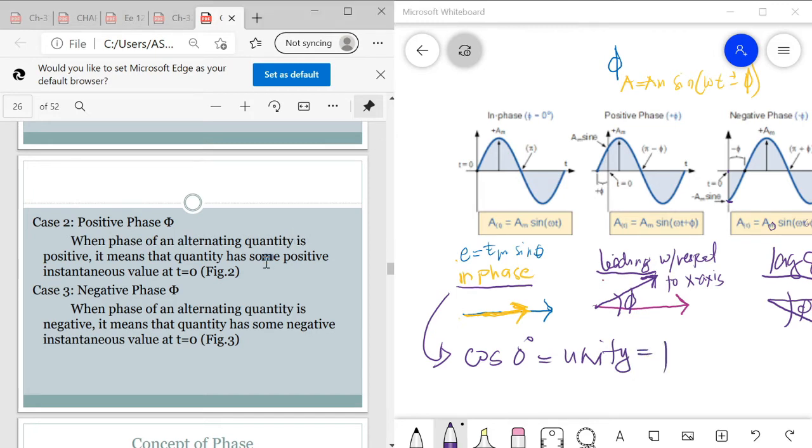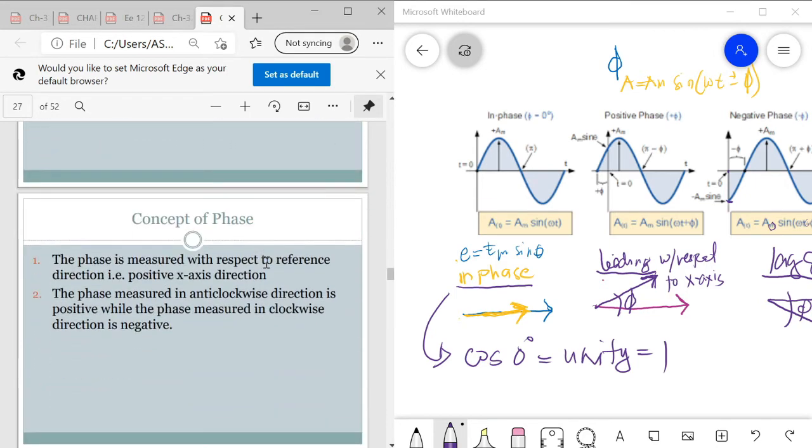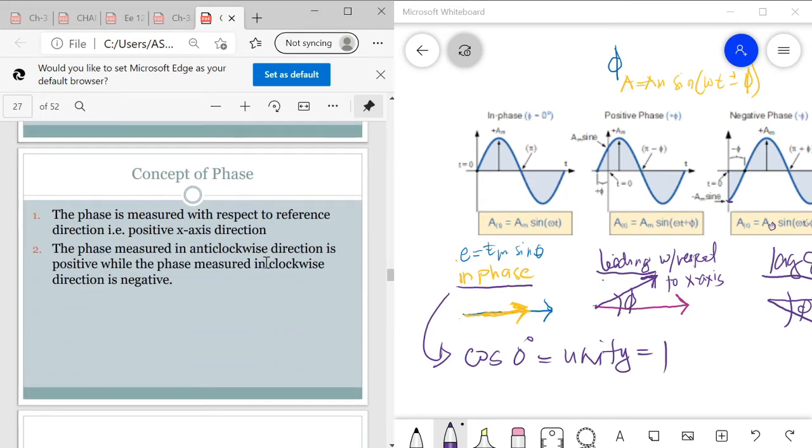Okay? So, concept of phase. The phase is measured with respect to reference direction such that positive x-axis. So, dito tayo sa positive x-axis magre-reference. The phase measured in anti-clockwise direction is positive while the phase measured in clockwise direction is negative.